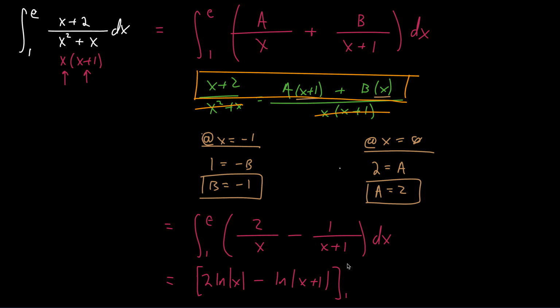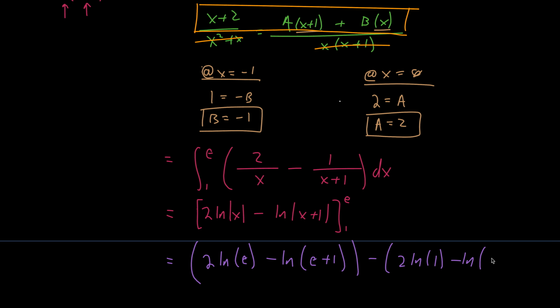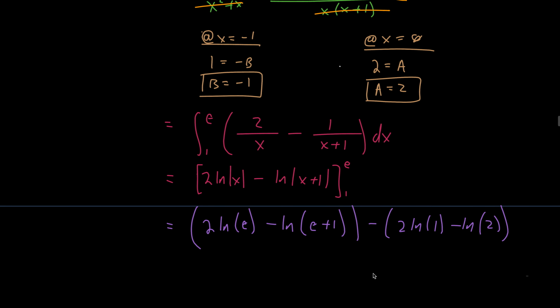Now from here, we just have to evaluate from 1 to e. So plug in our top bound minus bottom bound. When I plug in the top bound, I get 2 ln e minus ln(e + 1). And when I plug in my bottom bound, I get 2 ln 1 minus ln(1 + 1), which is ln 2. Let's think about this.